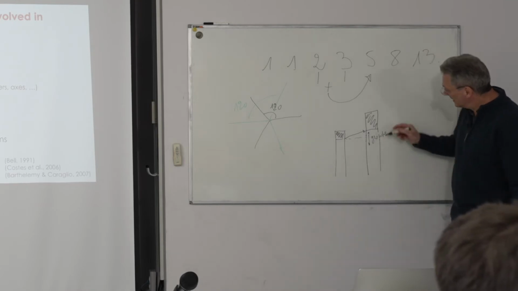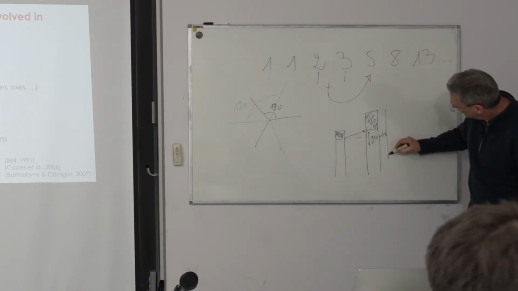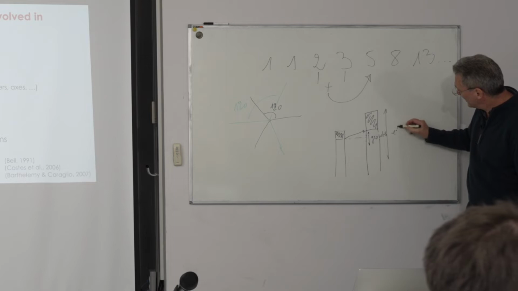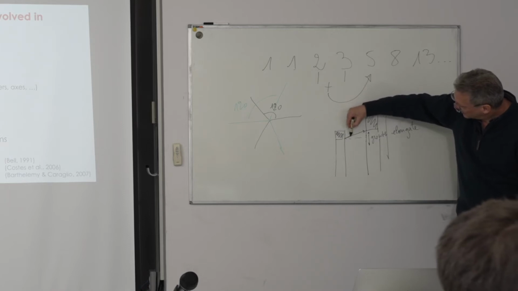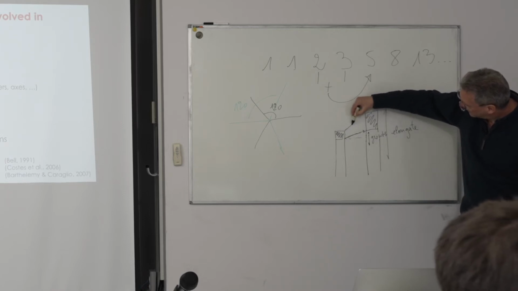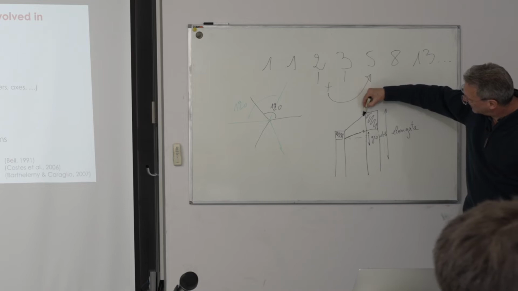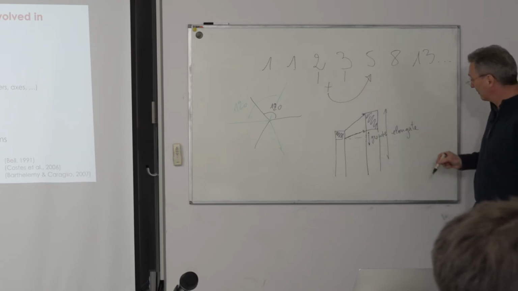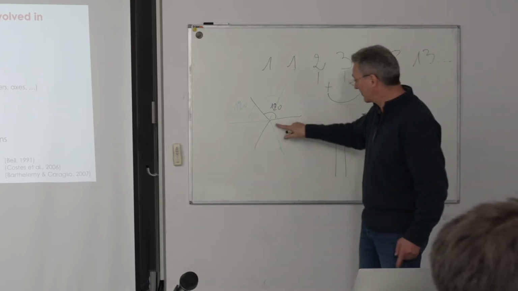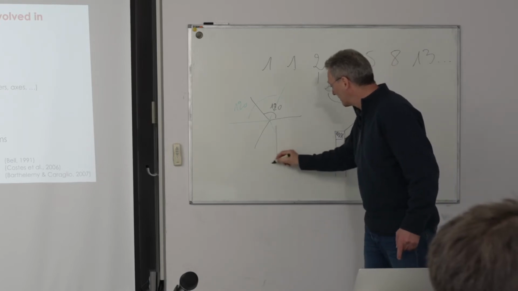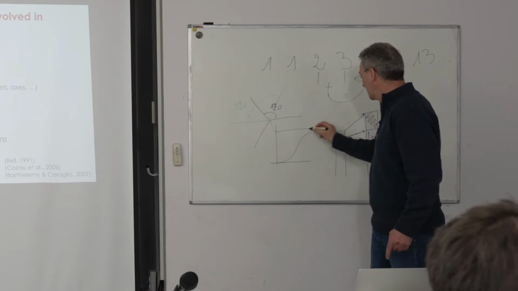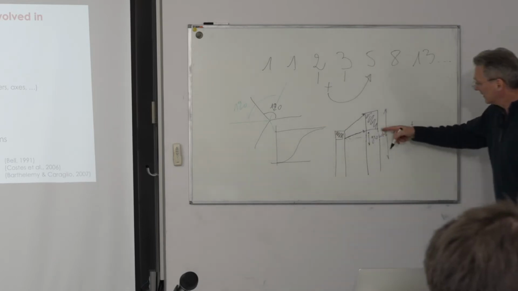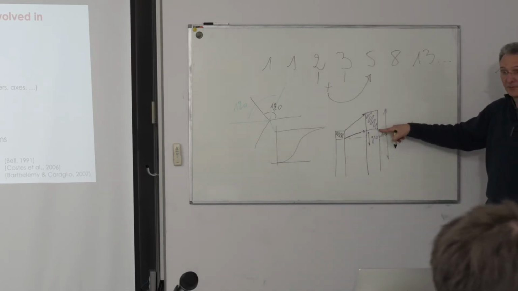So while this structure is elongating, you see that the position of the different parts will change in time. But after some time, because you said, and you were right, that the growth follows a sigmoidal curve, after some time the growth stops.